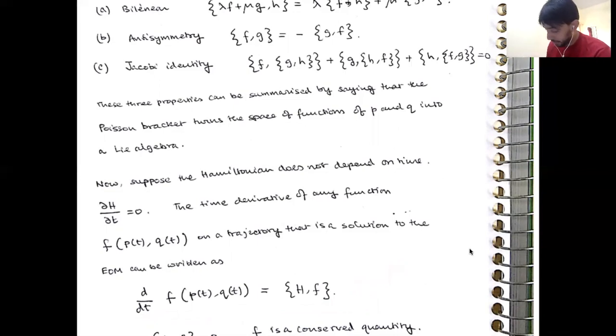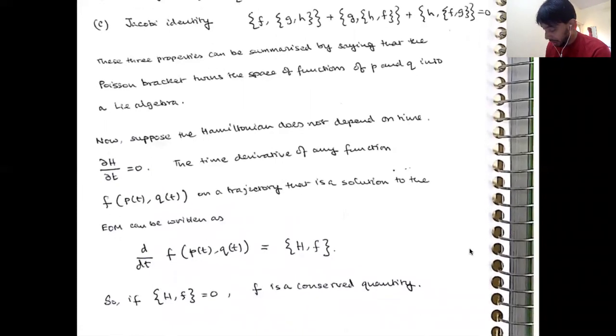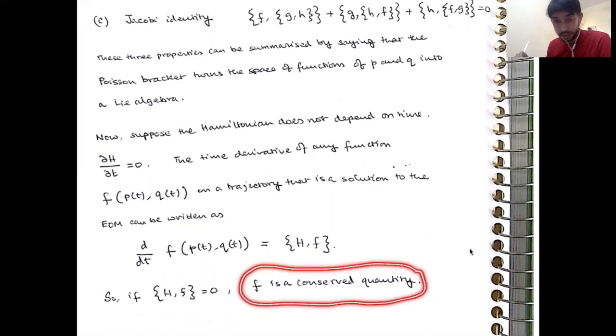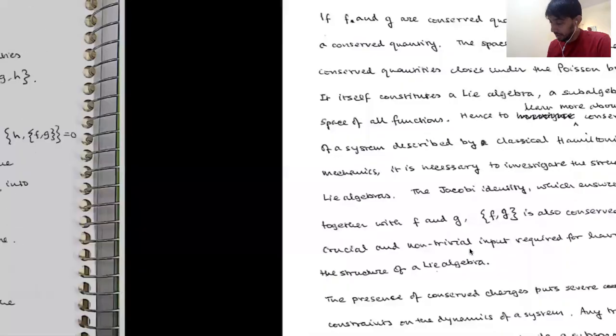You just need to figure out what d/dt is, break it up, and use the equations of motion, of course. Now you notice that if h and f Poisson commute, then d/dt of f is equal to 0, and f becomes a conserved quantity. This has more implications, as we will see shortly.